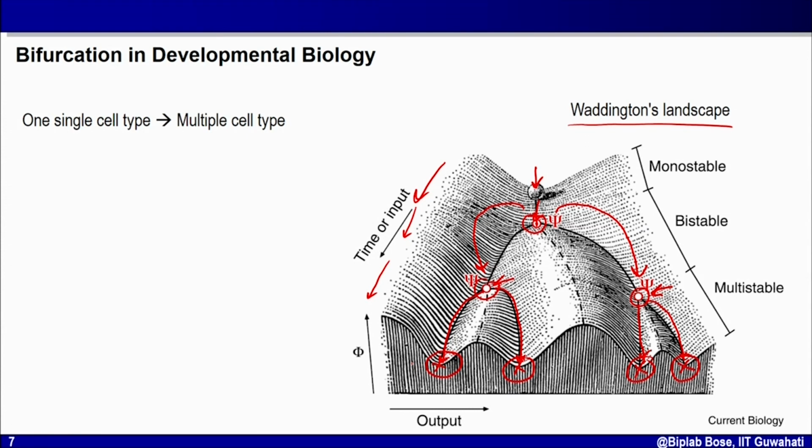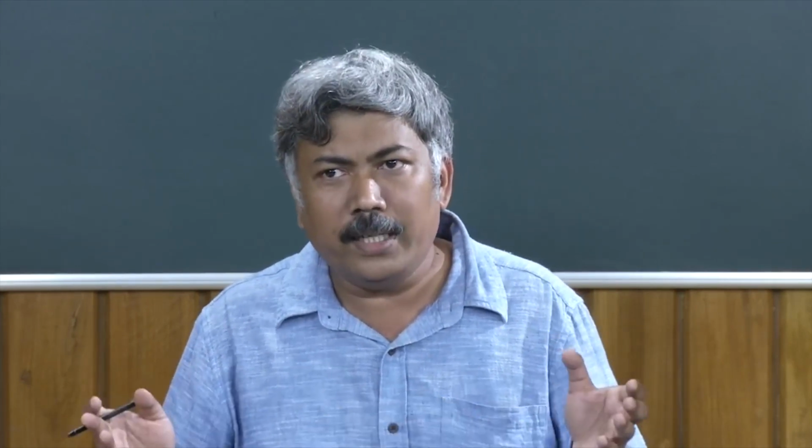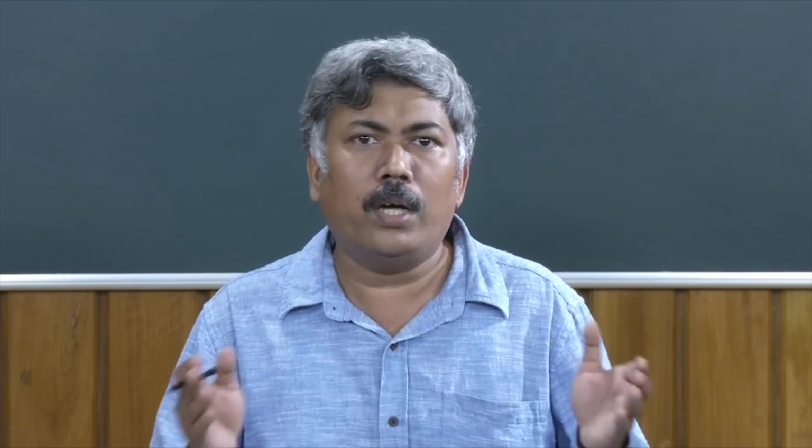So using the concept of bifurcation, we can easily understand that from one single cell type, as time progresses and the input signal or parameter value changes, the system goes through bistable or multistable situations. As we go through these situations, cells will bifurcate, move into one of these stable steady states, and differentiate into different cell types.